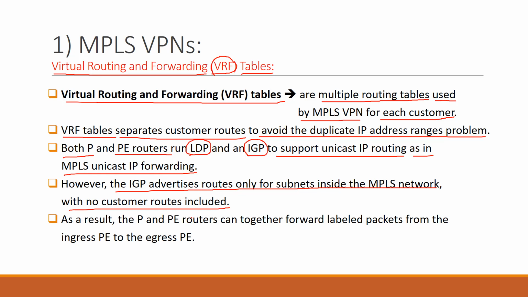What does this mean? It means that the IGP is used inside the MPLS cloud of the service provider, and as a result of this, the provider and provider edge routers can together forward labeled packets from the ingress PE to the egress PE. But the IGP is not learning routes from customers.